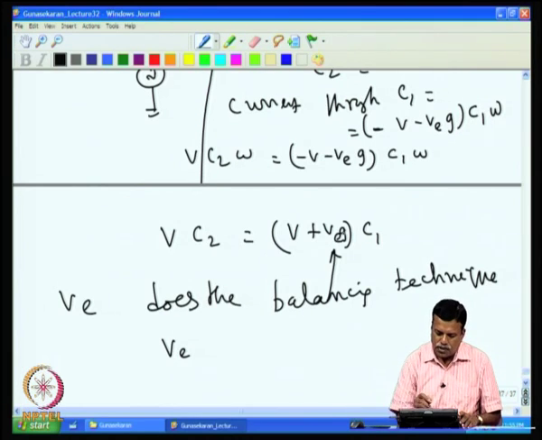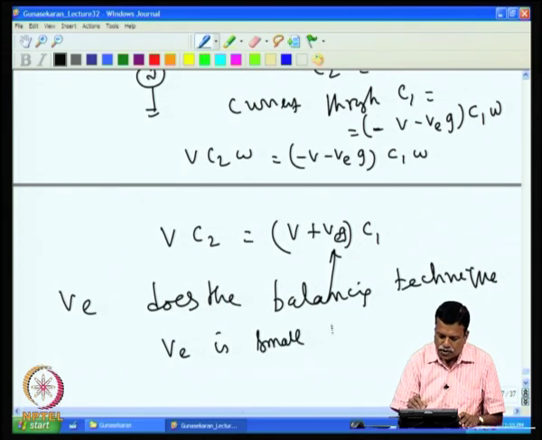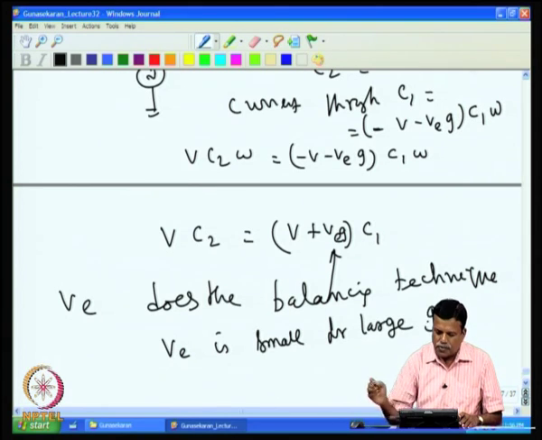Yeah, if gain is large, V is very small, for large C.